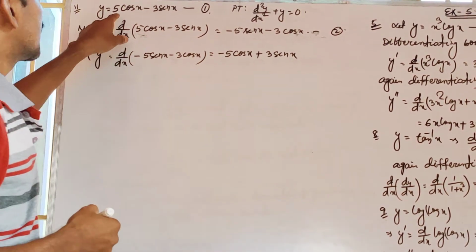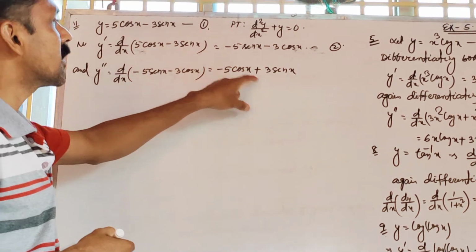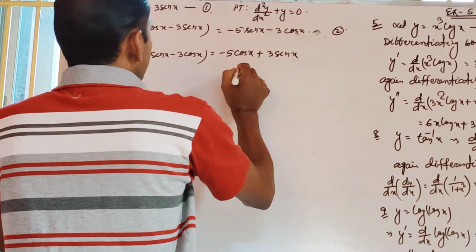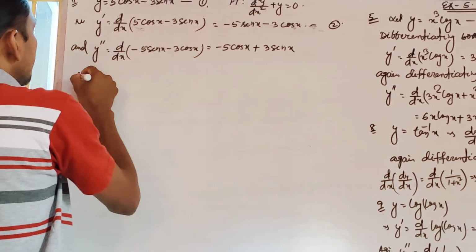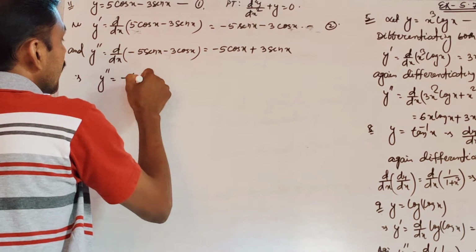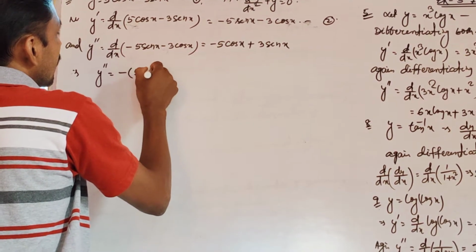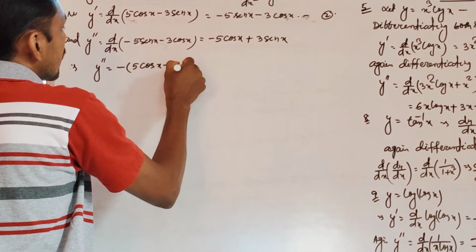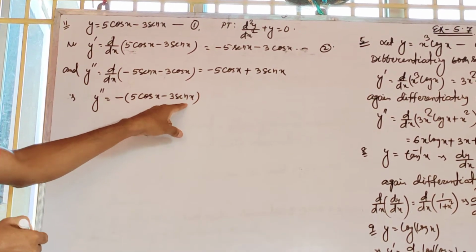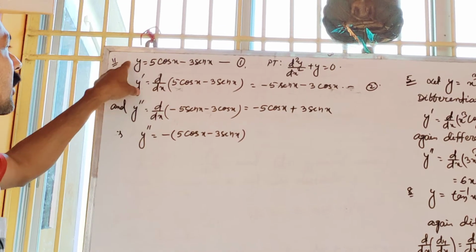Now here it is 5 cos x minus 3 sin x, minus 5 cos x plus 3 sin x. Now you can write this implies y double dash equal to, now if you take minus common here, it will become 5 cos x minus 3 sin x. Now 5 cos x minus 3 sin x is which value? You see, number 1, it is y.